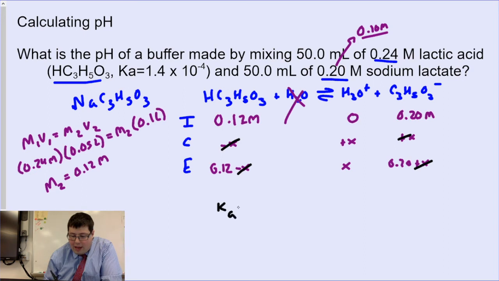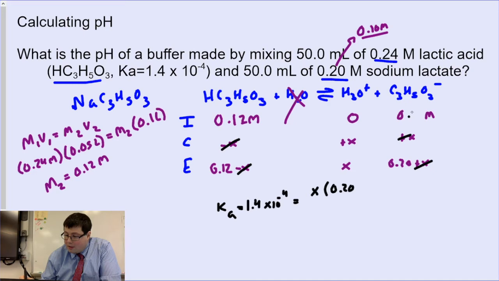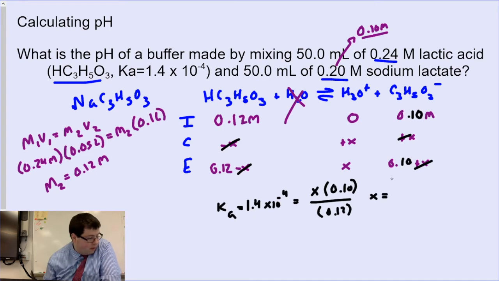When I solve for the Ka, that's 1.4 times 10 to the minus 4th equals x times 0.10, or sorry, 0.20. We'll fix that up here and fix that down here, divided by 0.12. When I solve that out, x is going to be 1.7 times 10 to the minus 4th molar.